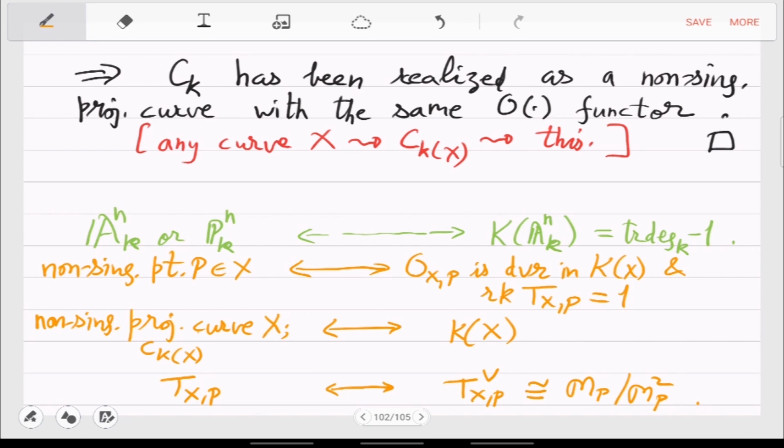Is that clear? The transcendence degree of K over k is equal to 1. No, yeah, but that is not what I mean. It means that n is equal to 1. I mean, these are two different things. We are looking at the function field of the affine space, in fact a subspace of the affine space, in particular a curve.